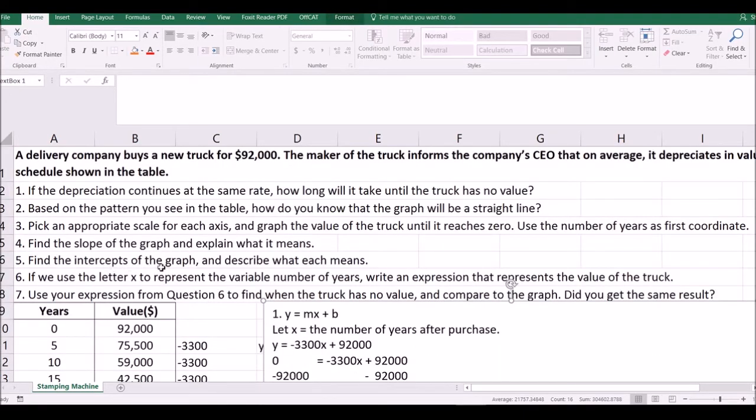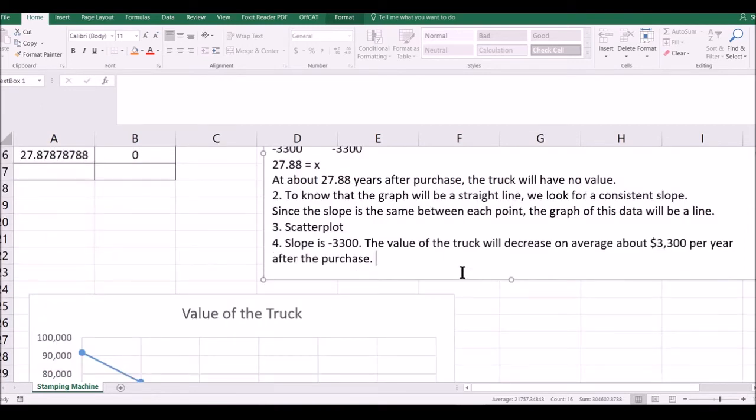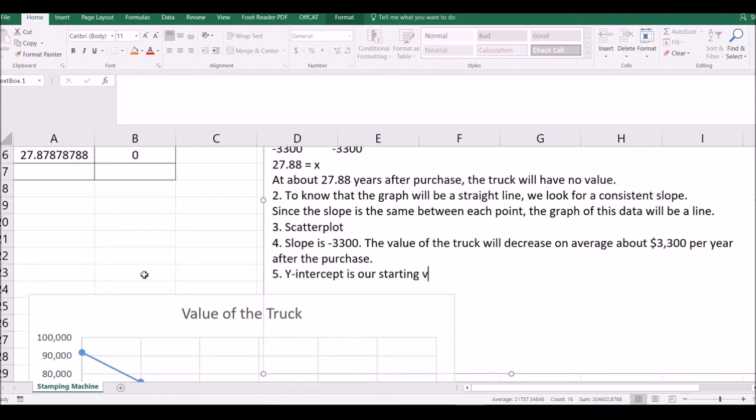This one says, find the intercepts of the graph and describe what each means. Well, we've actually done that. So we already have the values. We just need to explain them. The first value is the 0, 92,000. So let's go ahead and type this up. So the y-intercept, number 5, the y-intercept is our starting value of 92,000.